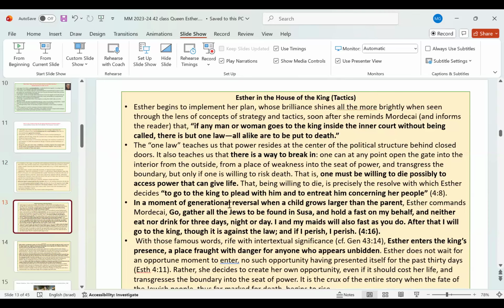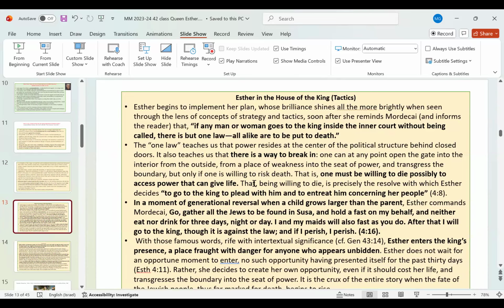And so here, the whole idea that even though there's one law in the house of the king, it's possible to break in, and that you have to be willing to break in by possibly dying. So she is willing to take a chance.